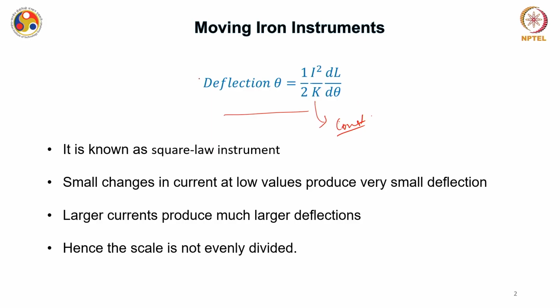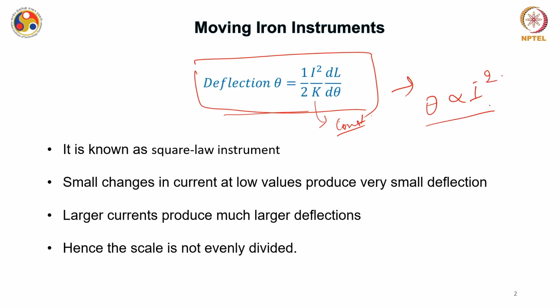This is what we derived in the previous class, and we came to the conclusion that this deflection is directly proportional to I square and not I. I is of course the current, which is under measurement.